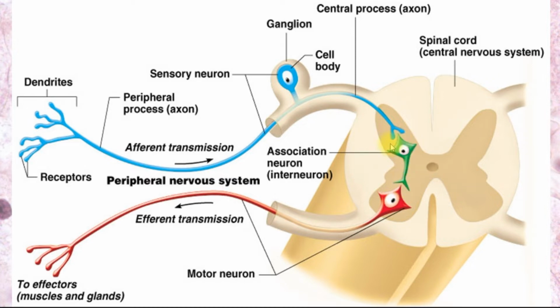They form networks inside the CNS and in other organs of the nervous system, and finally they send final information to motor neurons. So interneurons receive information from another neuron and send information to other neurons.